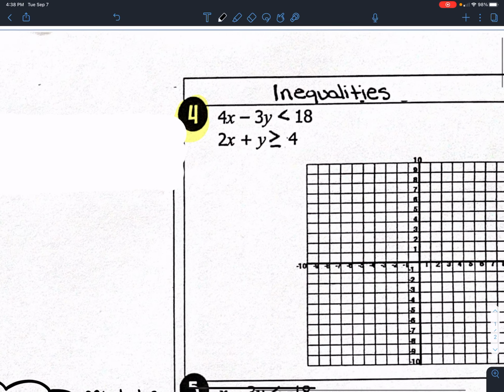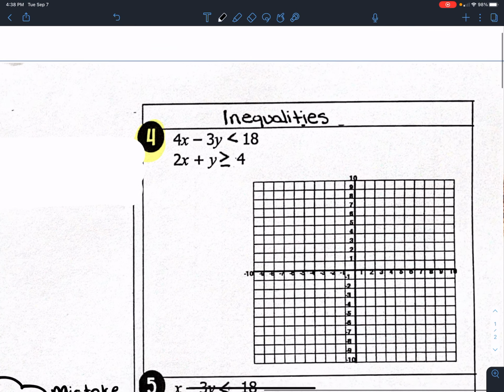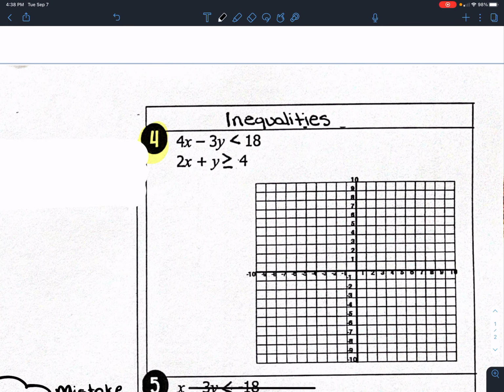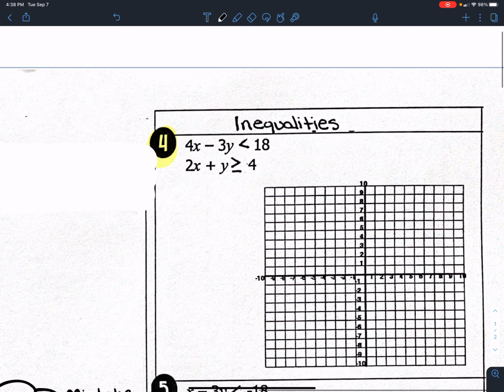With number 4, the first thing we have to do whenever we're solving a system with any type of graphing is get it into slope-intercept form. So for equation A, we have 4x minus 3y is less than 18.